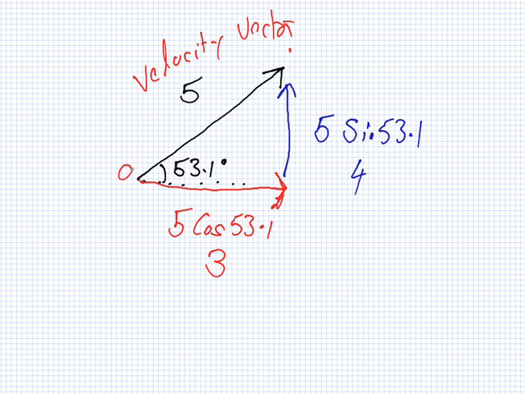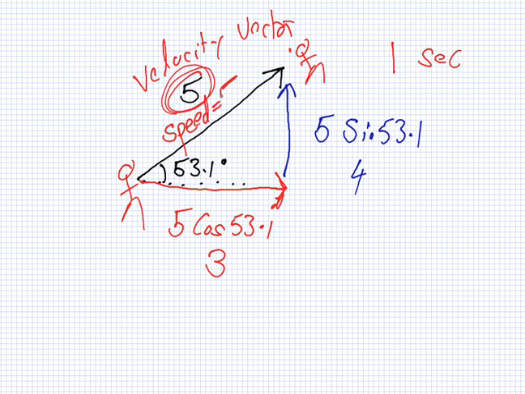This is a person, he goes from here to here, and let's say this took 1 second. The speed is actually 5. When you have one velocity vector and I want to know its speed, the speed just means magnitude.